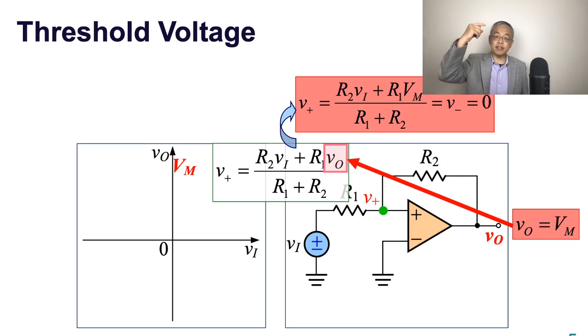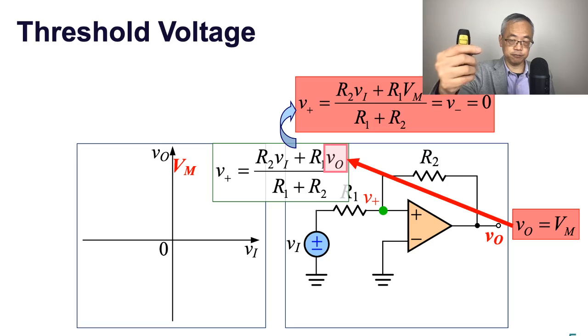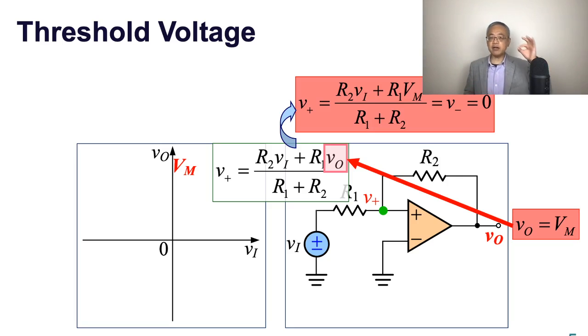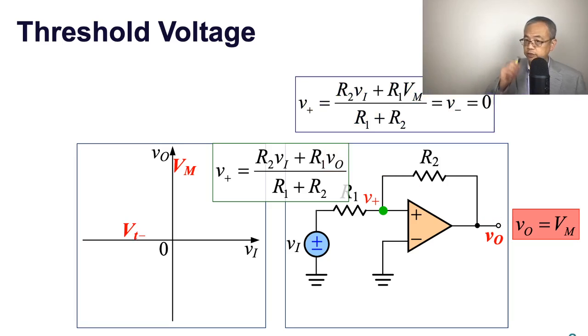And you plug in VO equals V positive. Then the corresponding VI will tell you the threshold voltage for the red state, which is a negative value. All right? Are you with me? A little bit headache?